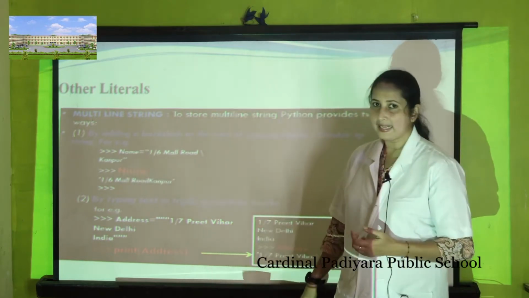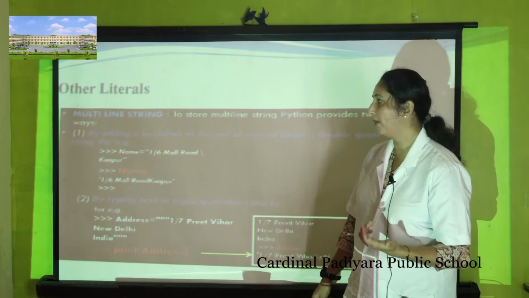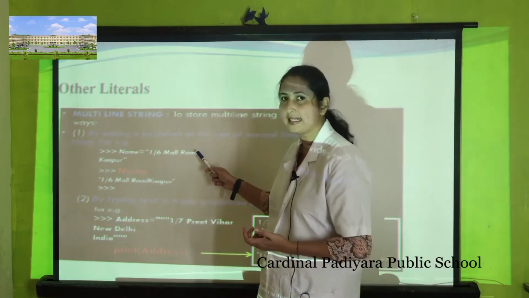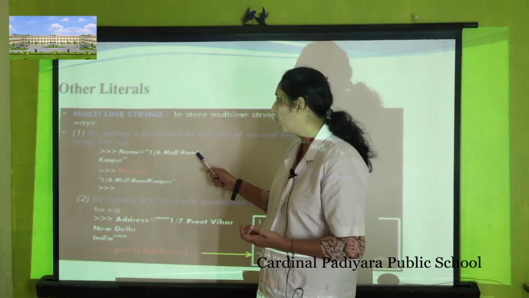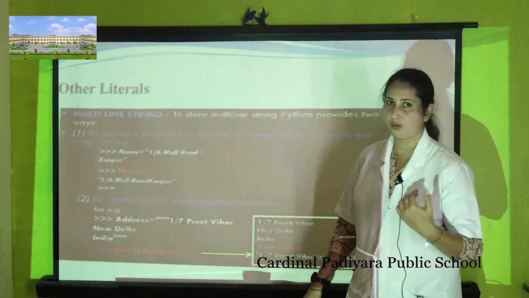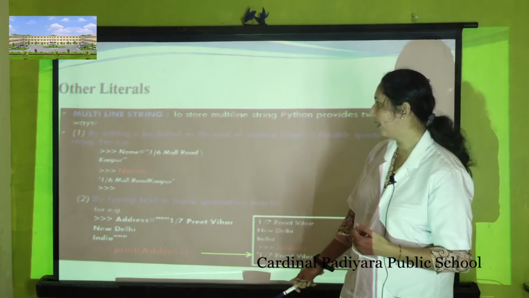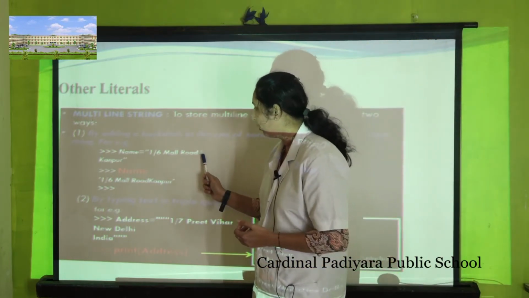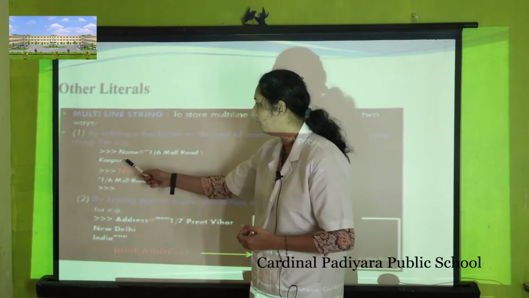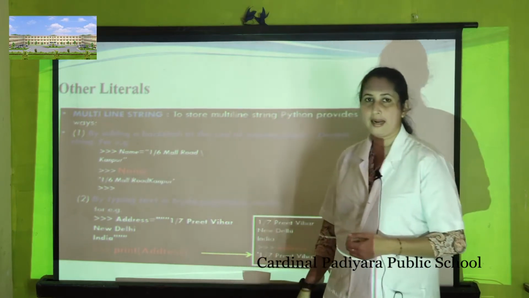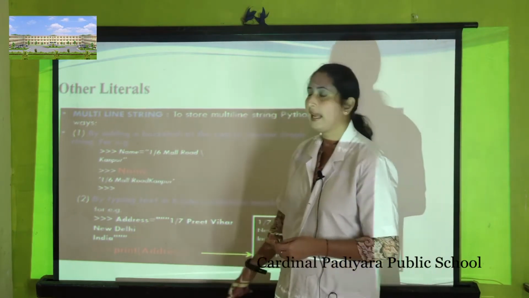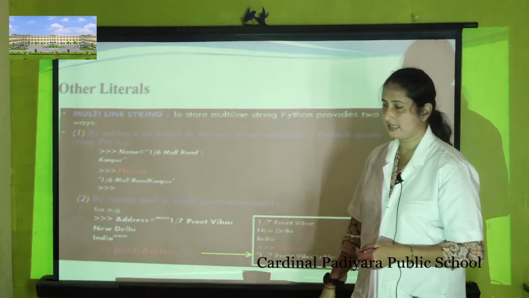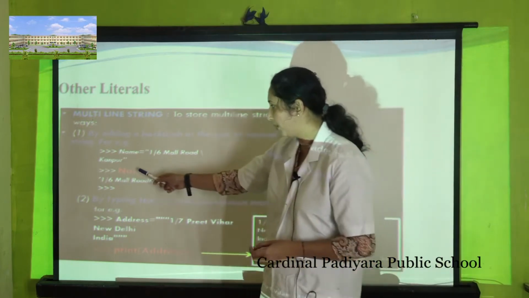By using multiple lines, we have to add a backslash at the end of each line. In the case of a multi-line string, we put a backslash at the end of the line. Then we get the output here.